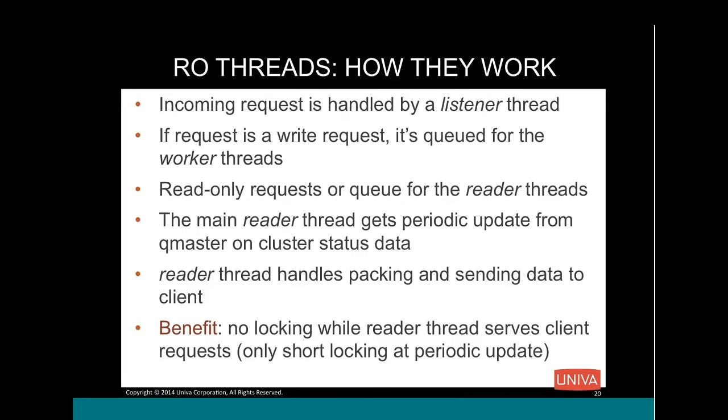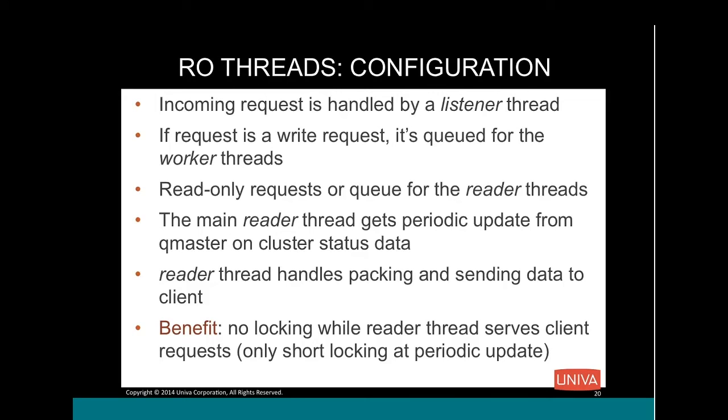And then the reader thread handles the packing and sending the data to the client. So you can see that the real benefit is that because we're using a snapshot of what is happening inside the internal data structures of the qmaster, there's no locking while that reader thread serves the client requests. Only a little bit while it does its update, and we can control that locking. So we know how it will behave.